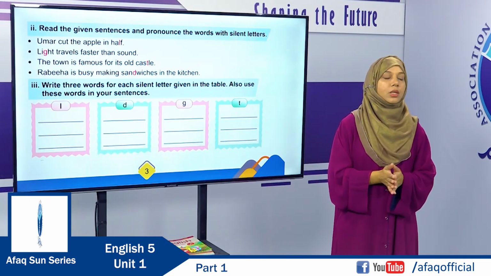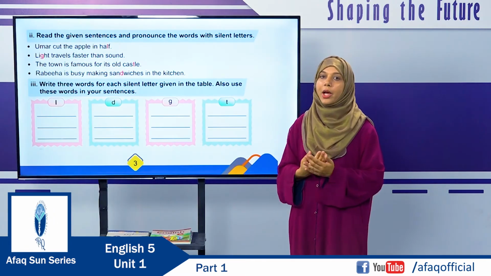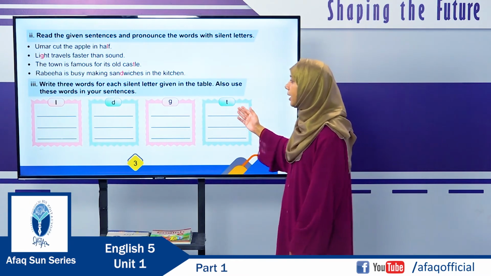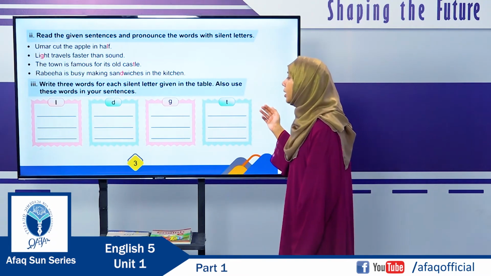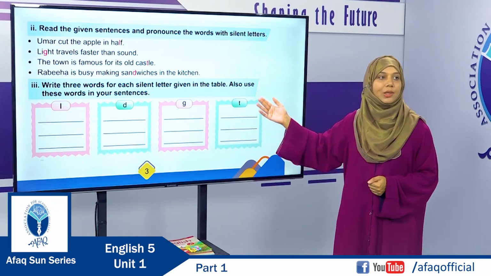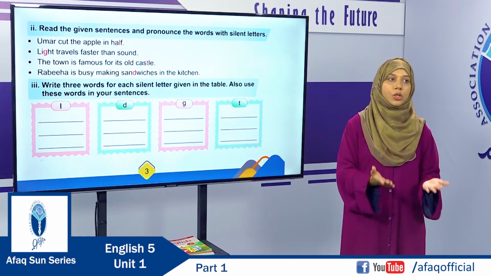Okay dear students, now we have read different examples of silent letters. Now I want you to write 3 more words with each of these silent letters given in the table on page number 3 of your textbook. After writing words with these silent letters, you also have to use those words in sentences of your own.